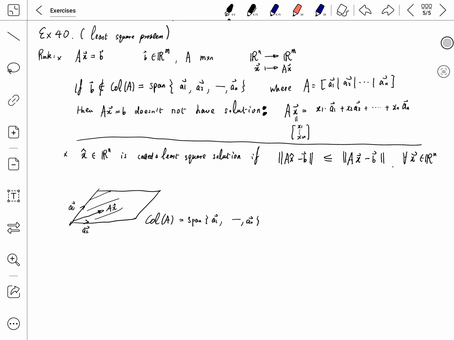And so if your vector b is in the plane, then this is a linear combination, and you have a solution. But if it is not, let me draw this.